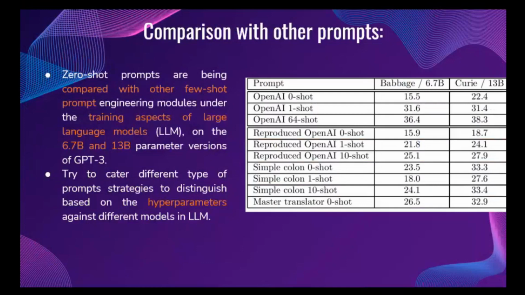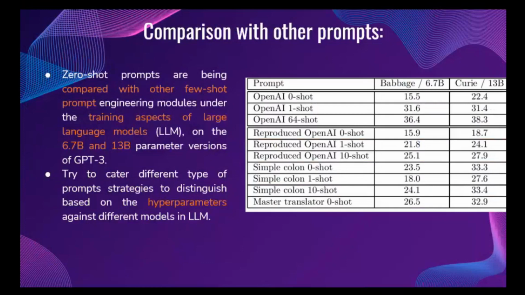So in comparison, zero shot prompts perform much better than other prompts in most cases. This is because zero shot prompts do not require the LLMs to have any prior knowledge of the topic. This makes them more versatile as well as able to generate text on a wider range of topics.